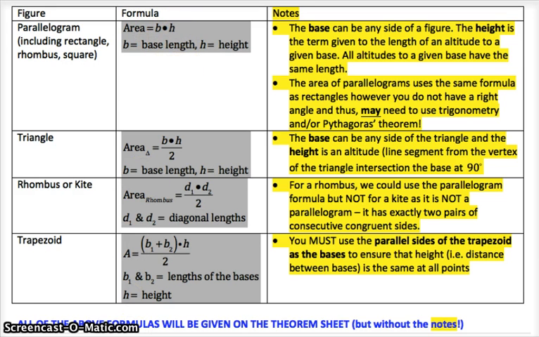Now the thing you need to realize about base and height on a shape like this is that the base has to be perpendicular to the height. If you're talking about a generic parallelogram, you'd call this length the base, but you can't call this length the height.